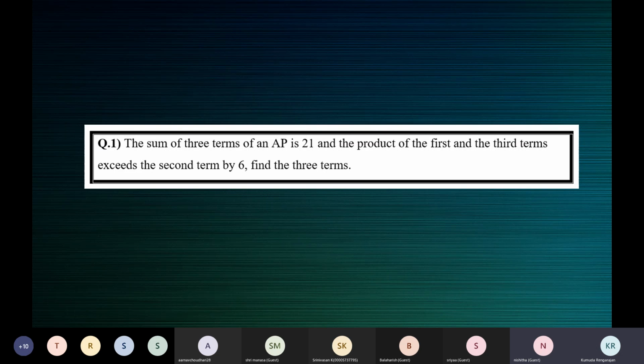And the product of the first and the third terms, now that we have three terms, the first and the third term, exceeds the second term by 6. Find the three terms.